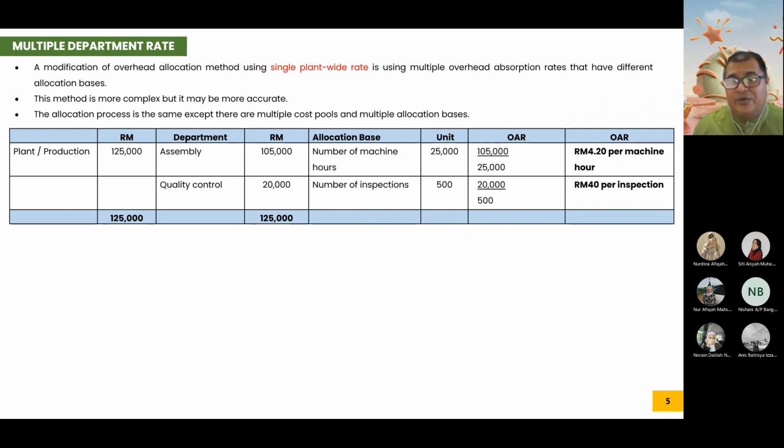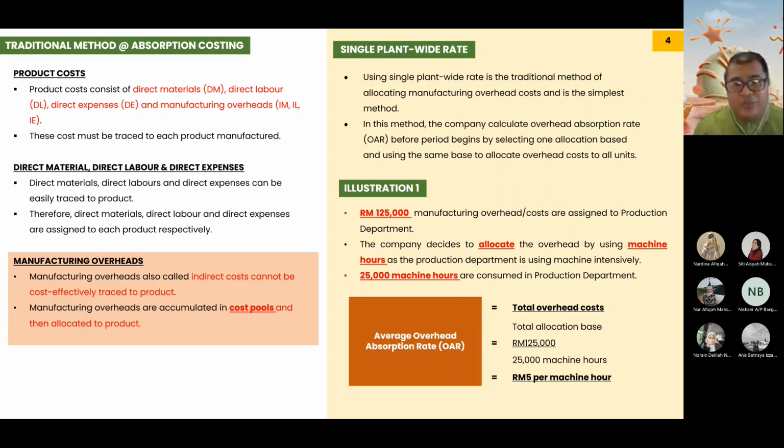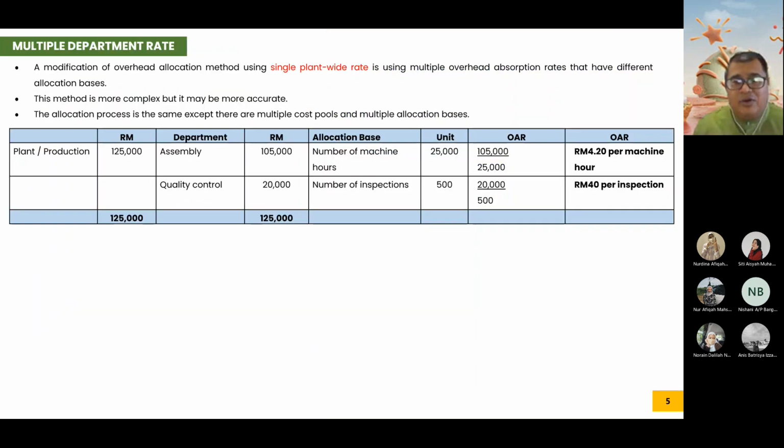And then we are using the allocation base, which is number of machine hours and number of inspections. So you letaklah example with number of machine hours as per this one is 25,000 machine hours, while for number of inspections is 500 inspections.